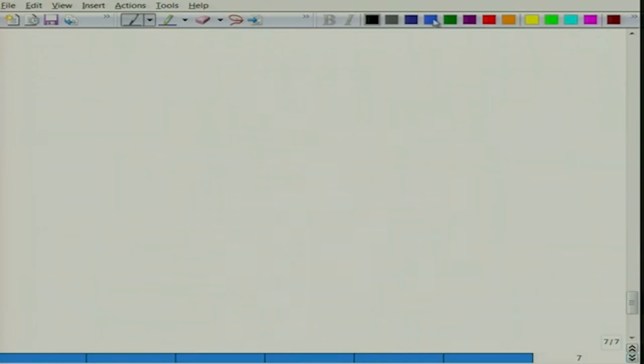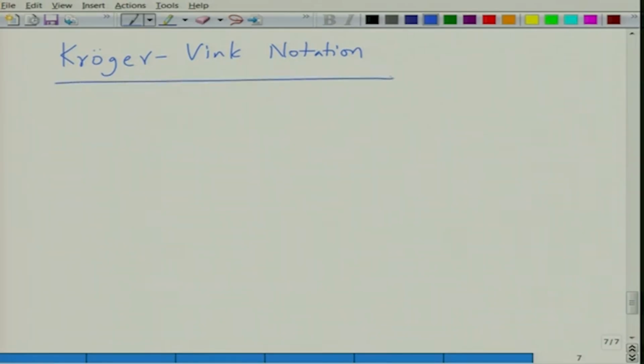So before we go into details of this defect chemistry, let's first look at the notation. The notation is called Kroger-Wink notation. So in Kroger-Wink notation, let's say you have a metal oxide as MO.